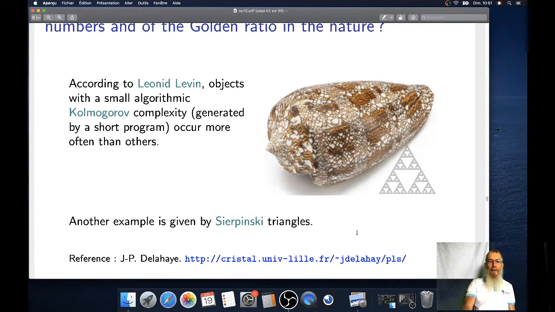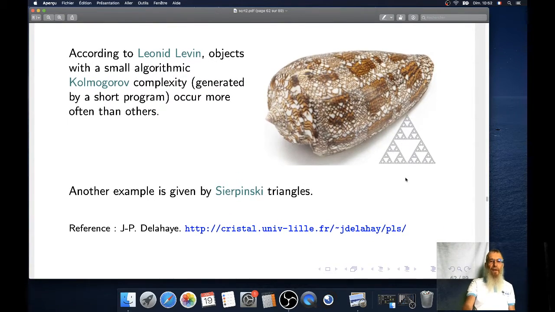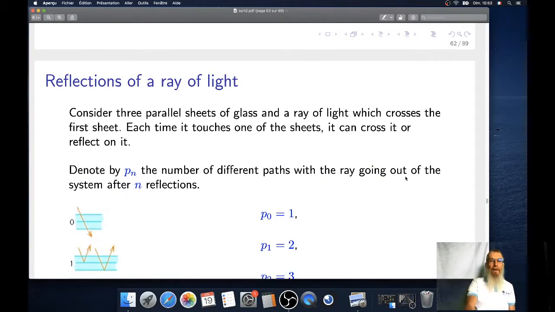A spectacular example is the Sierpinski triangles, which are obtained by splitting a triangle by removing the triangle which is here, and then you repeat the process. You get something which looks rather complicated, but which occurs in nature because the program to generate a Sierpinski triangle is quite simple. It's a very few code lines.